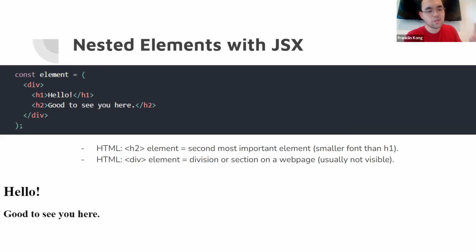And you would put the HTML elements that belong to each panel inside the corresponding div. So that's what we are seeing here. You see that H1 and H2 headers are nested in the div element. And then the const element, the React element, is the entire div and what's inside it.